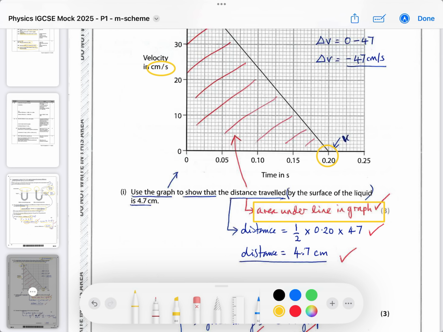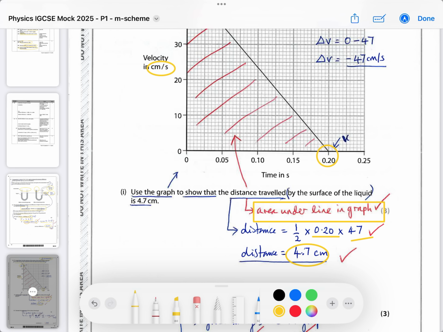So it's a triangle, so it's half the base times the height, yeah? When the base is 0.20, I should say, and the height is the maximum speed, the initial speed, which was 47, and then you divide the multiplication by 2, you'll end up with 4.7 centimeters.